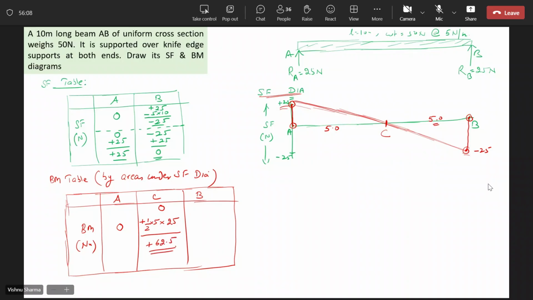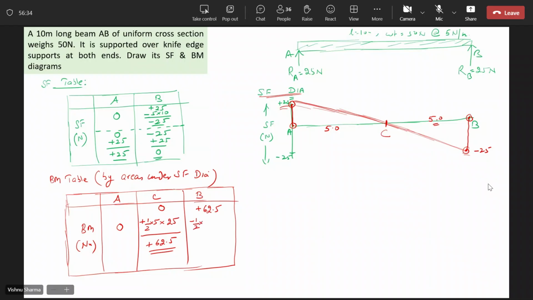Correct, beta? Yes, sir. Anybody has any questions how the BM at C has come? It's the formula for area of a triangle. Base is 5 meters, height is plus 25, and that becomes plus 62.5. We carry forward plus 62.5, and then the change from C to B is the negative triangle.